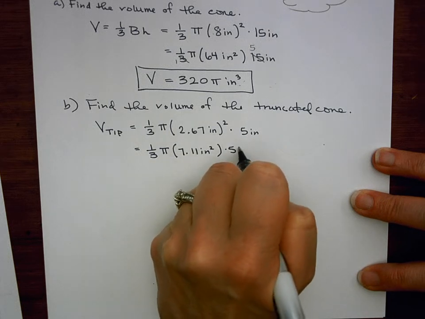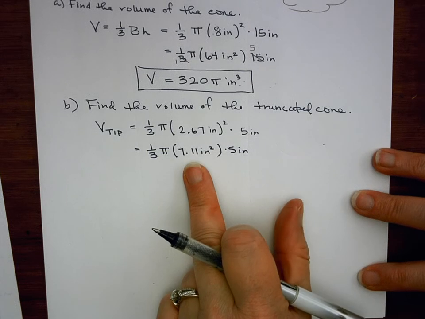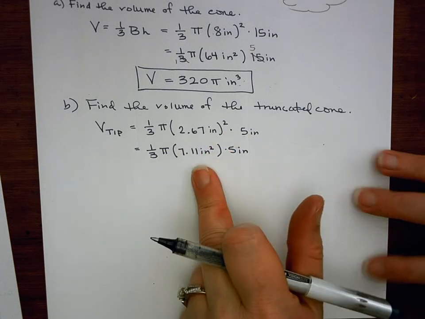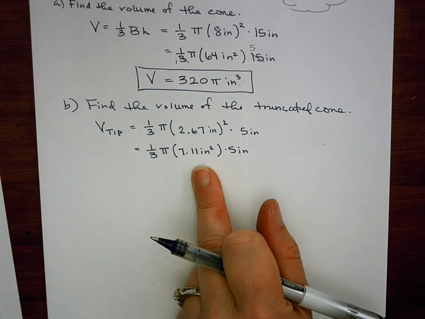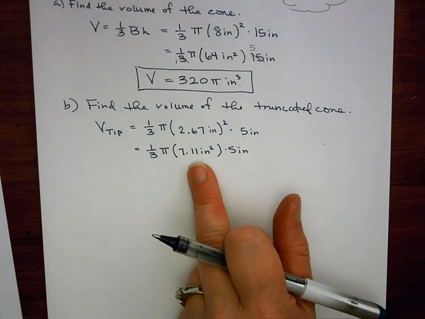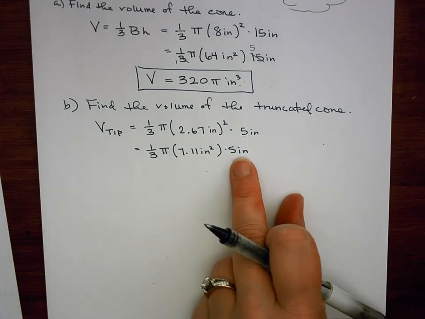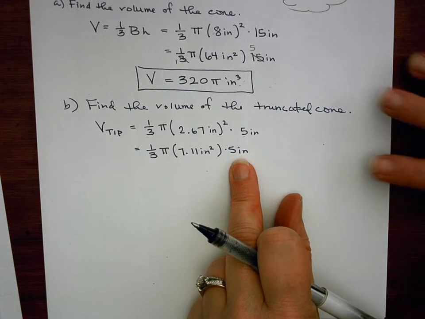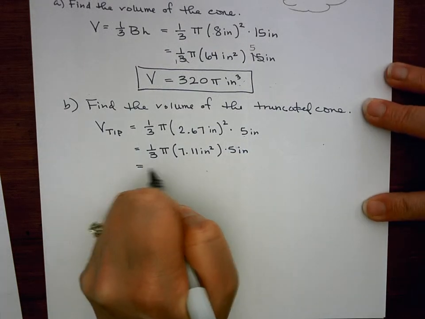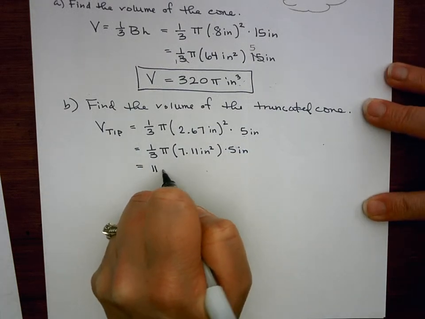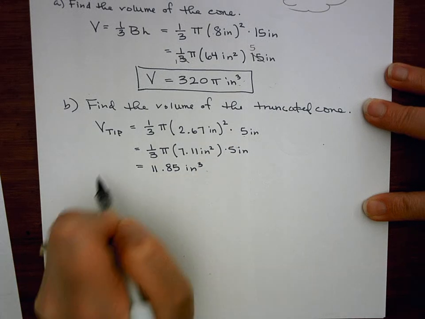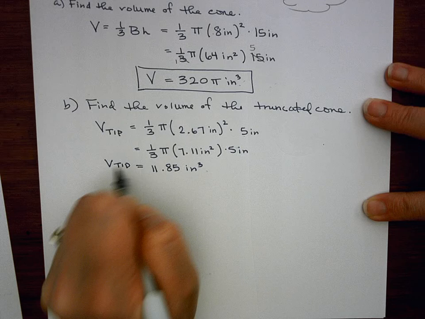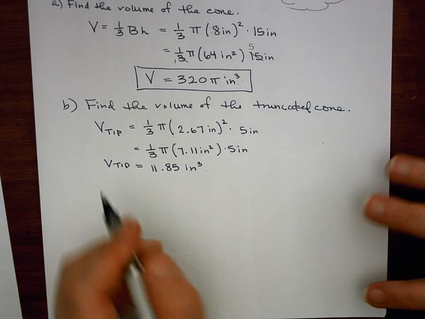So that's 2.67. I times it by itself and got 7.11. And so now I'm going to do that, and then I'm going to do times 1/3, and then times 5. Okay, so there's the volume of the tip of the cone, okay?